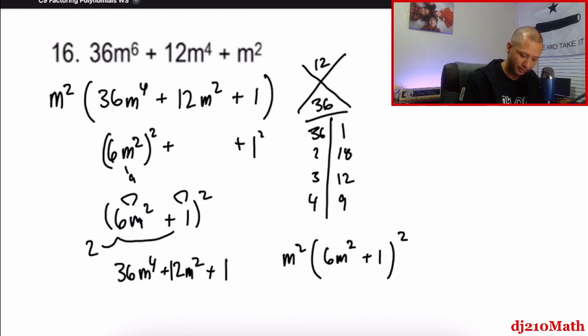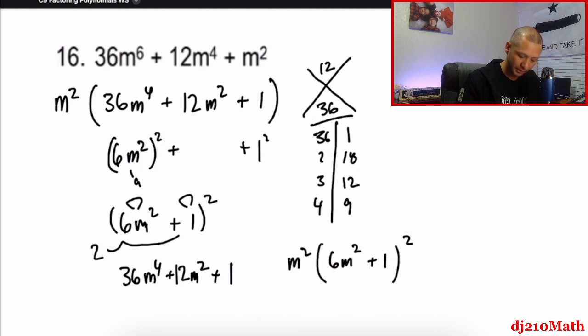So here this is going to be 2 times a times b, and b is just 1. Kind of just have to see it.